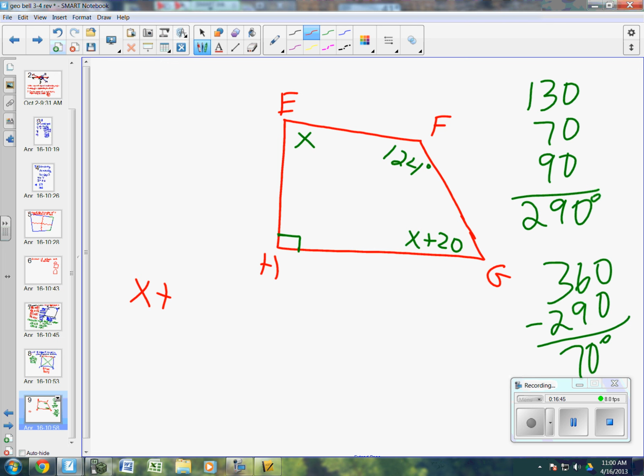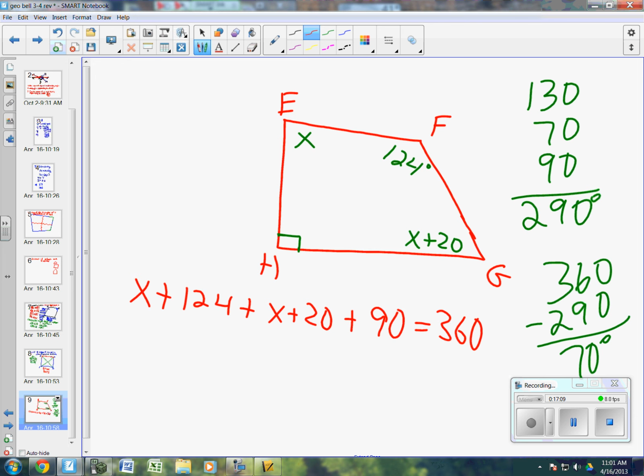So X plus 124 plus X plus 20 plus 90 equals 360. You know that the 4 angles add up to 360, so all you have to do is write an equation showing that those 4 angles add up to 360.